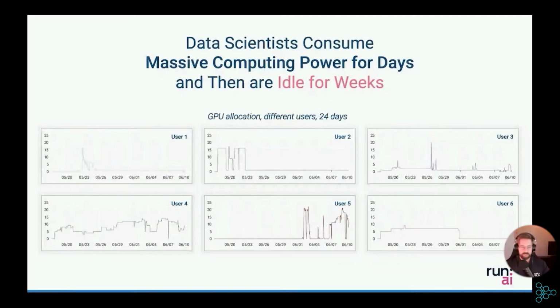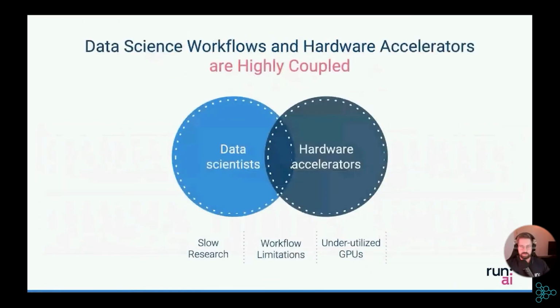Now, one of actually the graphs you can see on the screen right now really illustrate that. 6 different users, 6 different patterns, 6 different ways of allocating and using GPUs. And there's a reason why that happens and why it's so challenging to get to a great utilization of GPUs. And that's because the data science workflows and the hardware accelerators, or GPUs, are highly coupled.